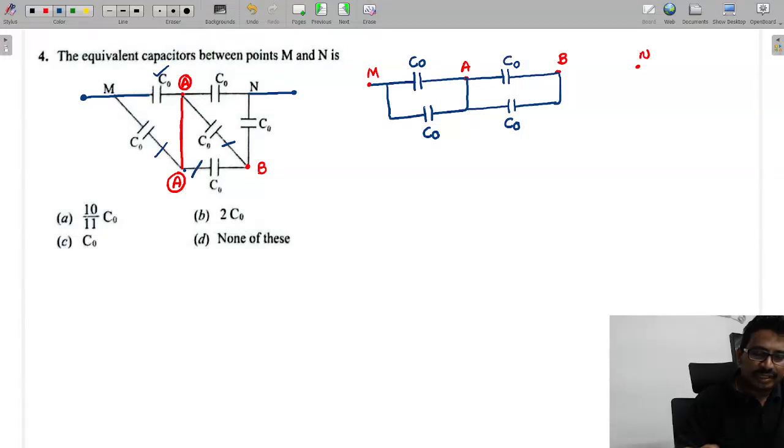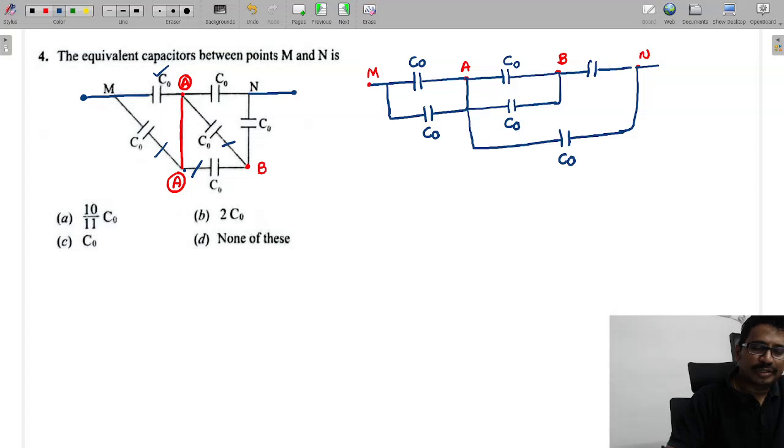Now A to N. This is A and this is N. Connect one capacitor, so I placed one capacitor here. This is C0. Next, B to N, place the capacitor.